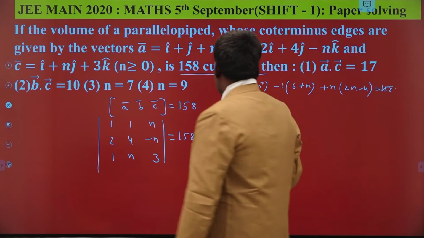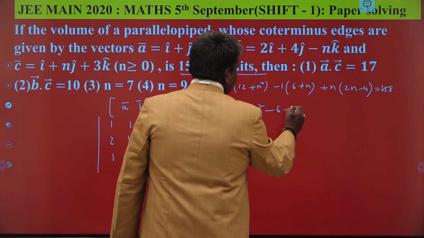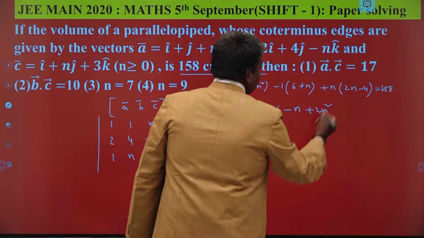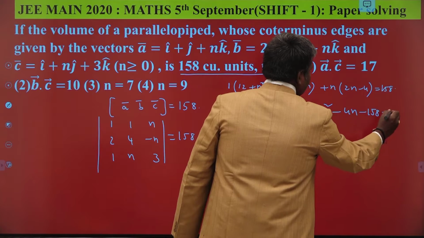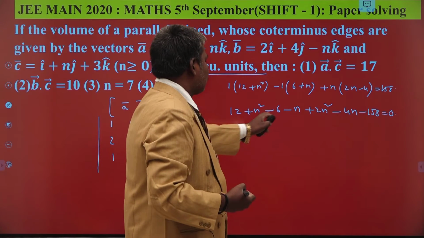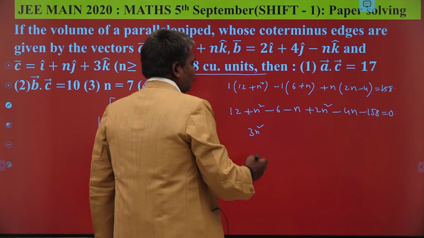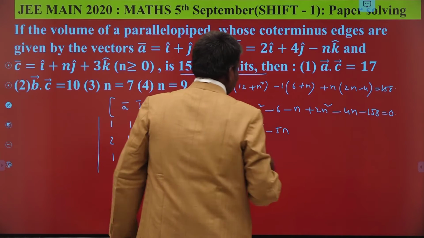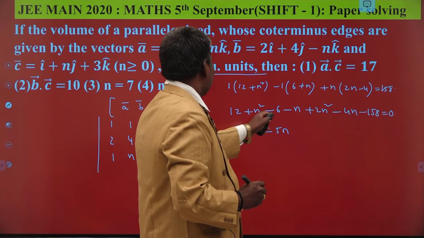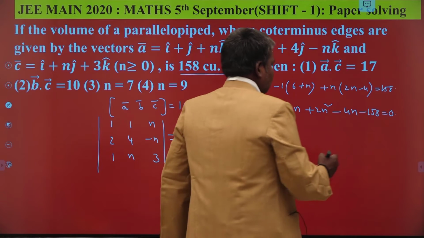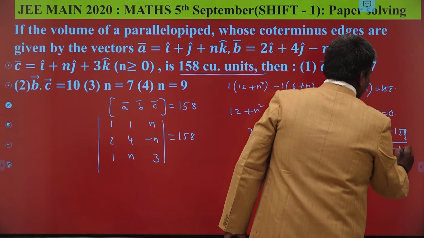This is nothing but 12 plus n square minus 6 minus n plus 2n square minus 4n minus 158 is equal to 0. n square plus 2n square is 3n square, minus n minus 4n is minus 5n, and 12 minus 6 is 6, 6 minus 158 is minus 152.